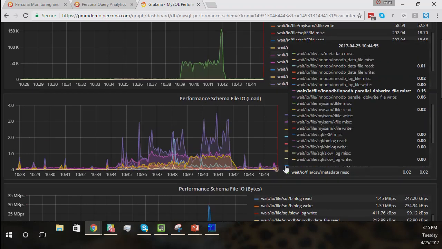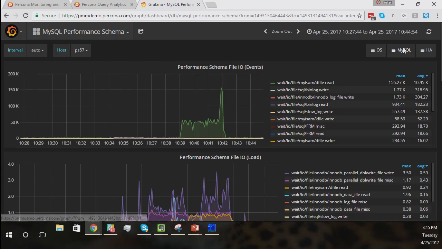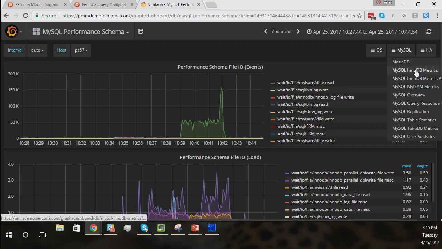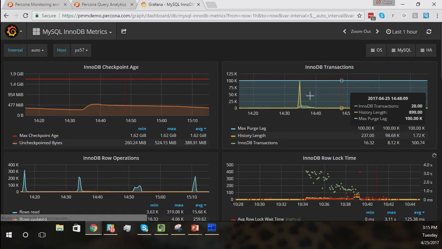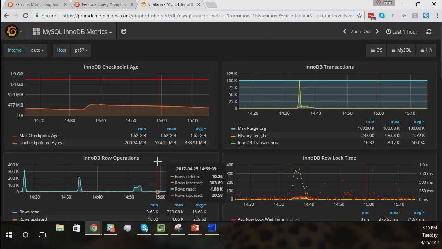Okay, performance schema. Now, in InnoDB, there are a lot of nice InnoDB metrics we have here as well. One thing I mentioned yesterday in my tutorial is InnoDB checkpoint age.